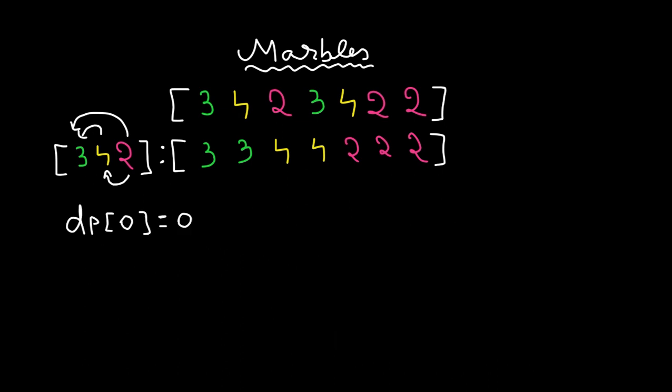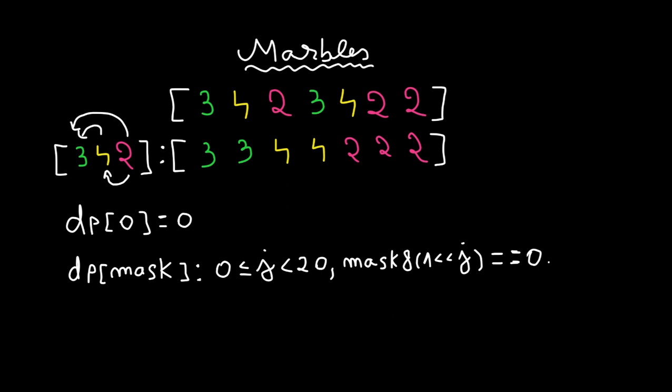So we will start building the DP from DP of 0 equals 0, and for each DP of mask, we will try to insert each possible new color into the permutation. So we try each bit j, which is set to 0 in the mask. And for each of these j, we are going to update the DP value of the new mask with the new cost only if this new cost is better.